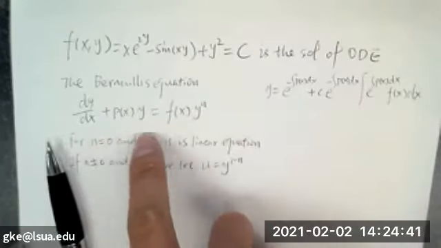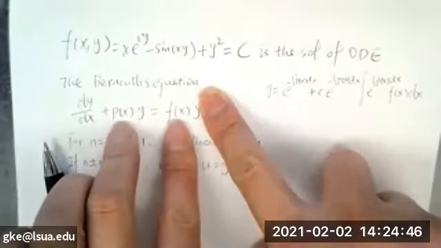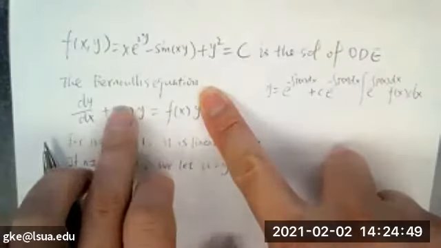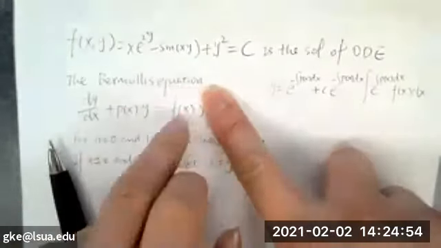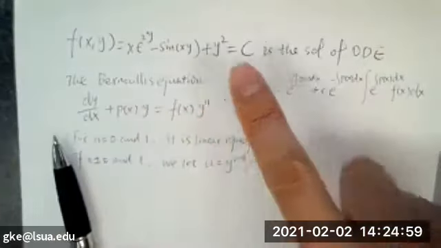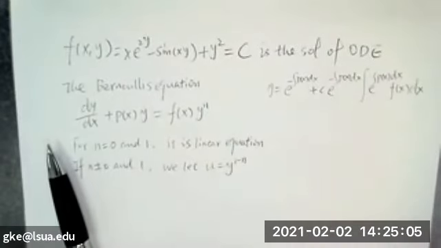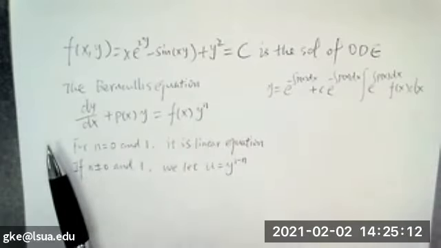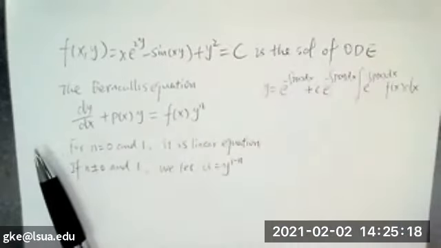That's going to be the new p(x), and f(x) is going to be 0. And we still can use such a formula to find the solution, okay? So these two are going to be special cases, because we can solve them using this formula.